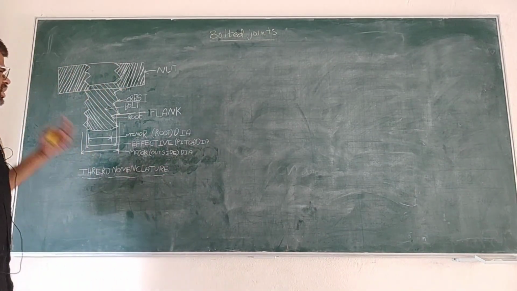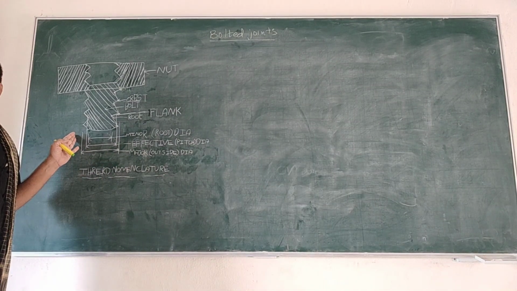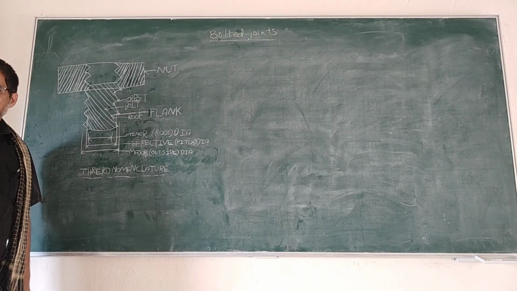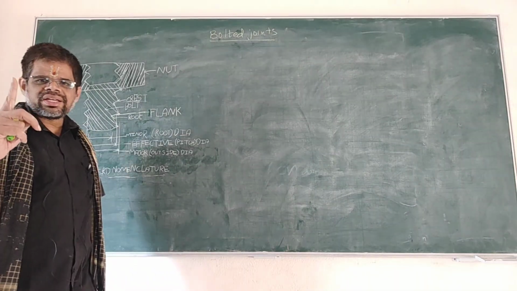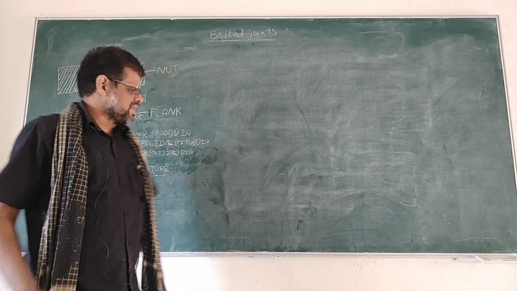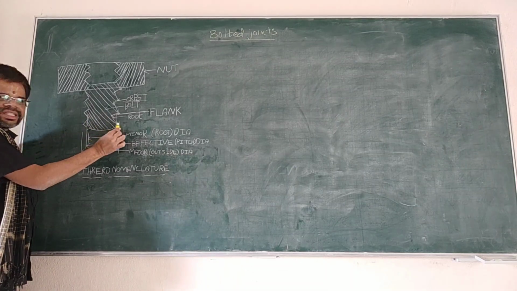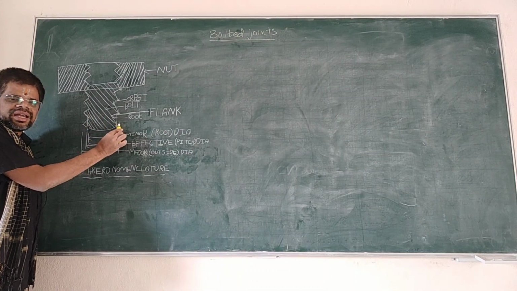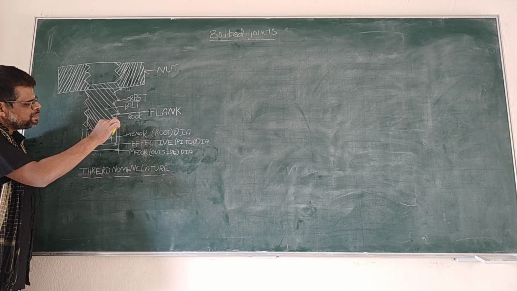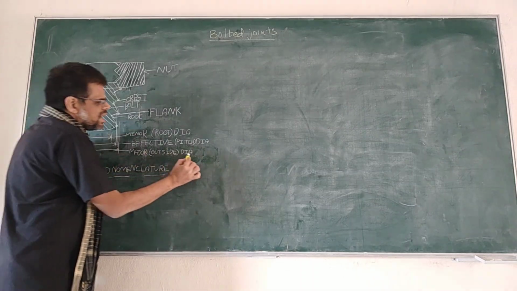Okay? Well, now these bolts can be specified by mentioning the diameter. There are two types of diameters here: the major diameter and the minor diameter. The distance between two crests, one crest on one side and another crest on the other side, is called the major diameter.